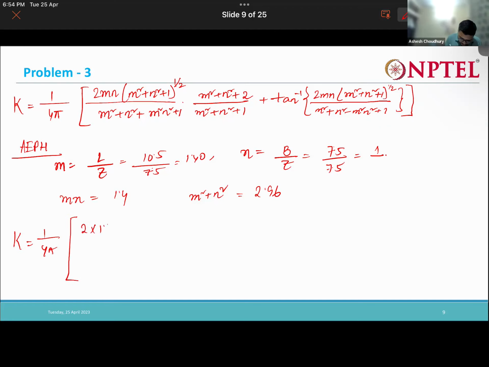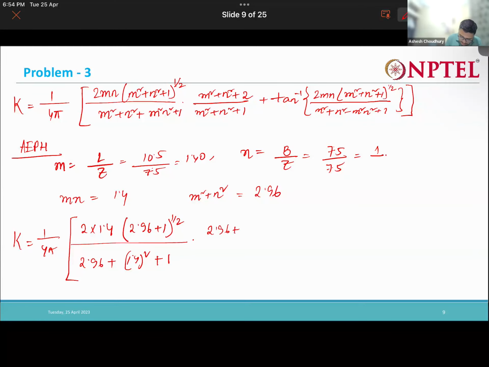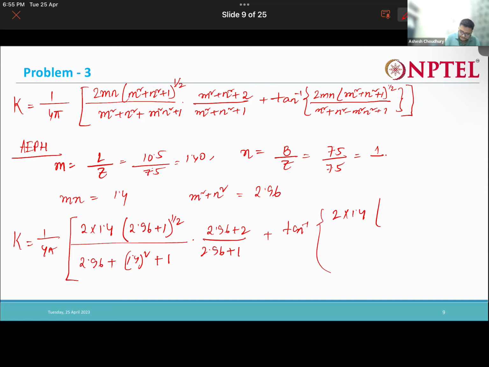So 2 into 1.4 into root over 2.96 plus 1, by 2.96 plus 1.4 square plus 1, plus tan inverse 2 into 1.4 root over 2.96 plus 1, by 2.96 minus 1.4 square plus 1.